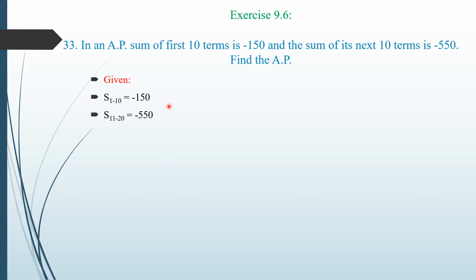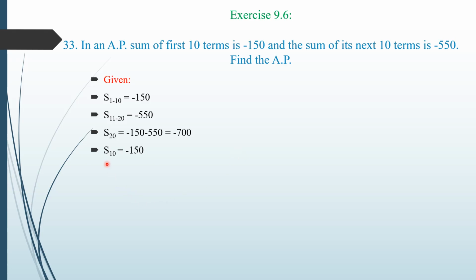So using these two pieces of information, we can arrive at one more answer: the sum of first 20 terms is the sum of the first 10 terms plus the sum of the next 10 terms. When I add these two, I get minus 150 minus 550, that is minus 700.